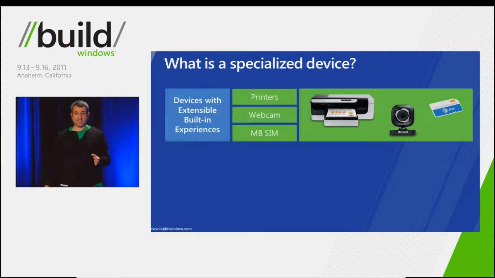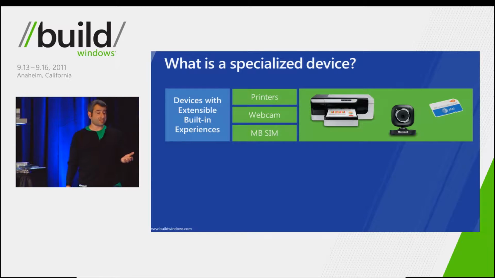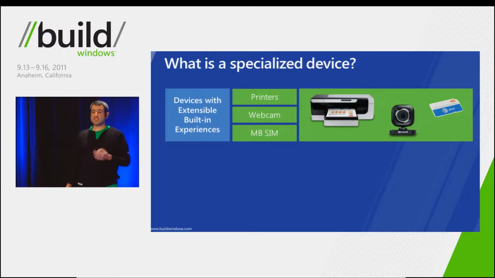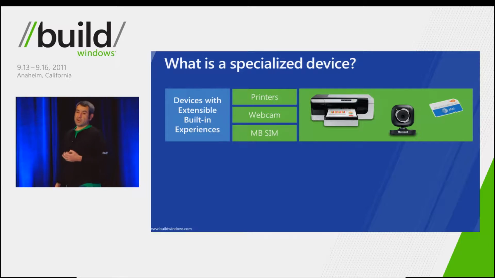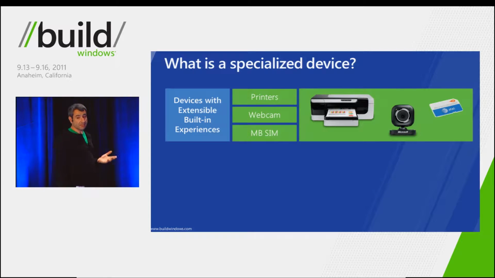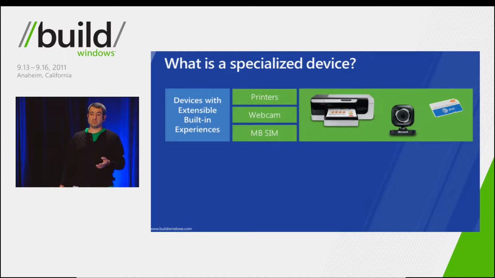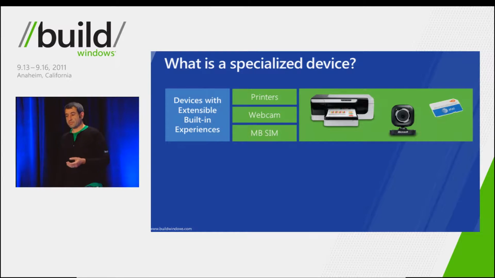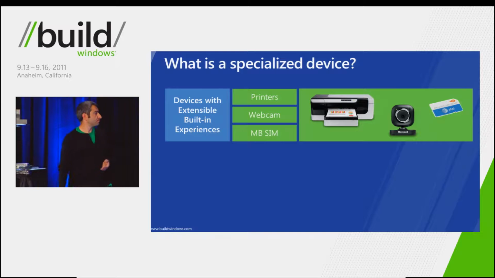As you may have seen if you went to the keynote on Tuesday, or perhaps Robin's talk yesterday, Windows 8 includes a set of built-in experiences for common devices people use every day, like webcams and printers. Partners can extend these built-in experiences to promote your brand, highlight unique capabilities, and delight your users.